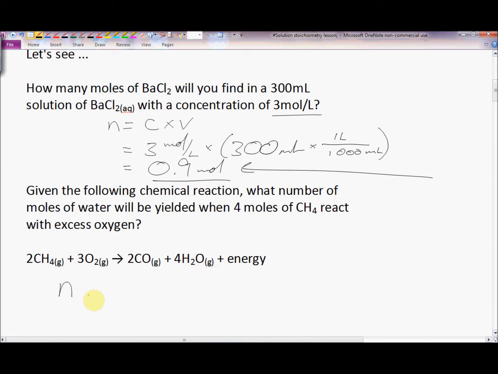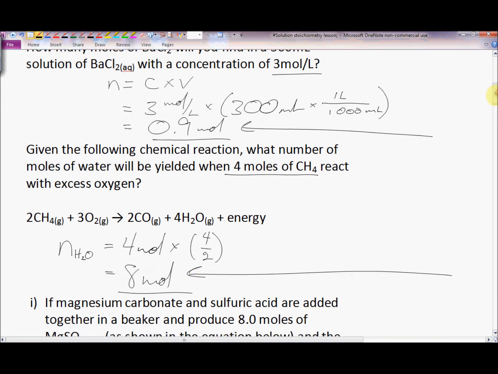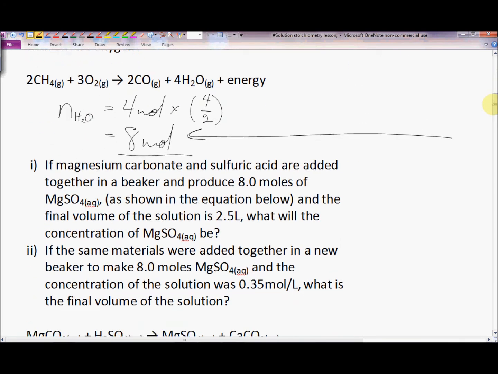Okay, so number of moles of water is going to be equal to our 4 moles of methane times the stoichiometric ratio of water over methane, so that's going to be 4 over 2, which is basically a ratio of 2, so that's going to be 8 moles of water are yielded. Okay, so hopefully you're pretty good with doing those types of problems by now.